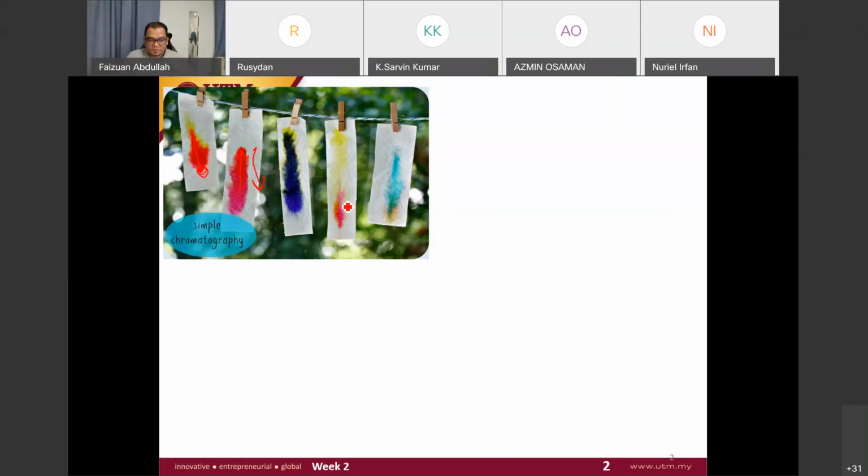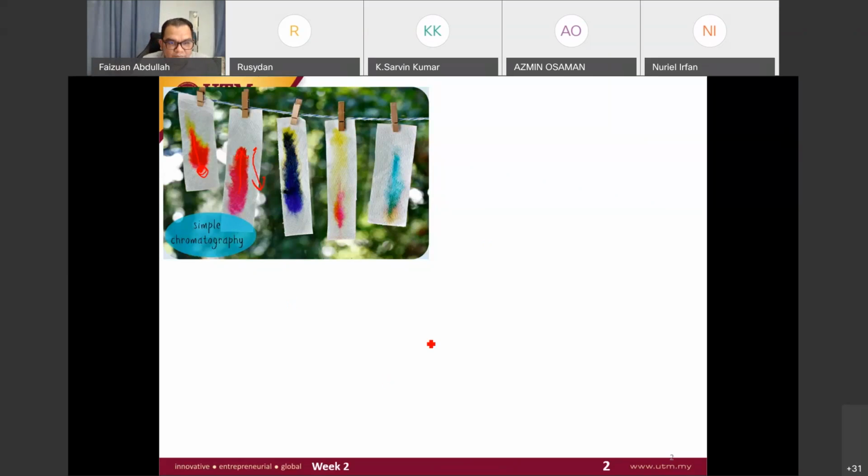All right. So you basically don't have any idea about chromatography yet because I'm just showing you a cut of tissue and a coloring solution. So what is its relation with the chromatographic method?